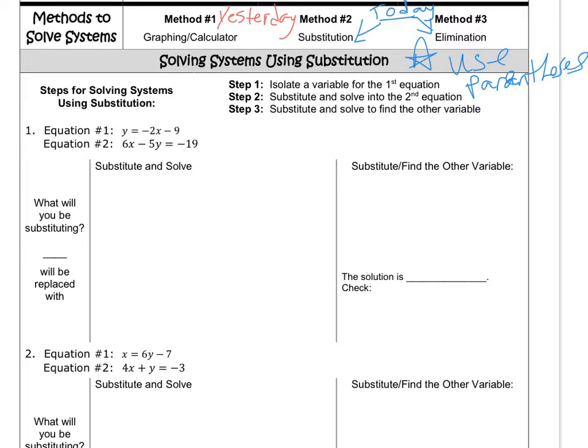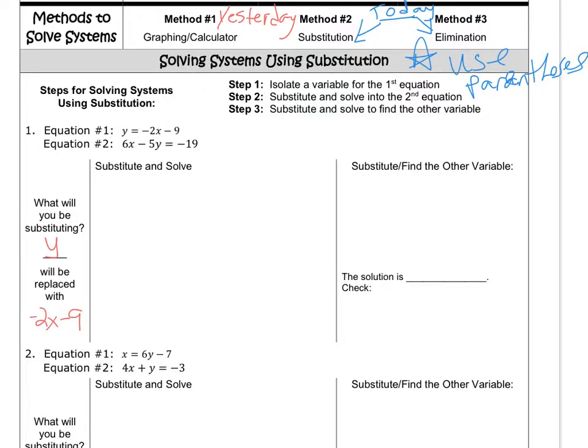So what we're doing is we're trying to get one of our two equations isolated for one of the variables. In equation 1, it's already isolated, meaning the y is all by itself. So we know for sure that y equals negative 2x minus 9. Since we know that, instead of a y, we're going to put in negative 2x minus 9.